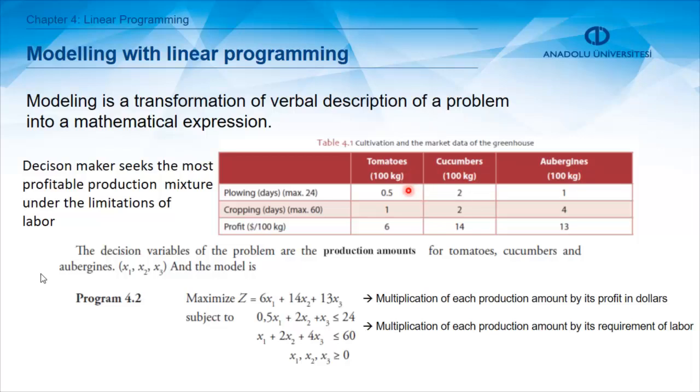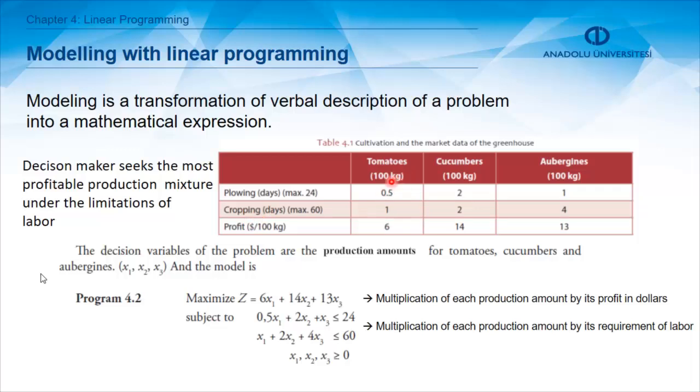For instance, 100 kilograms of tomatoes. In the planting phase, tomatoes require half a day of labor for the plowing process. When it comes to harvesting, 100 kilograms of tomatoes require 1 day of labor for the cropping process.